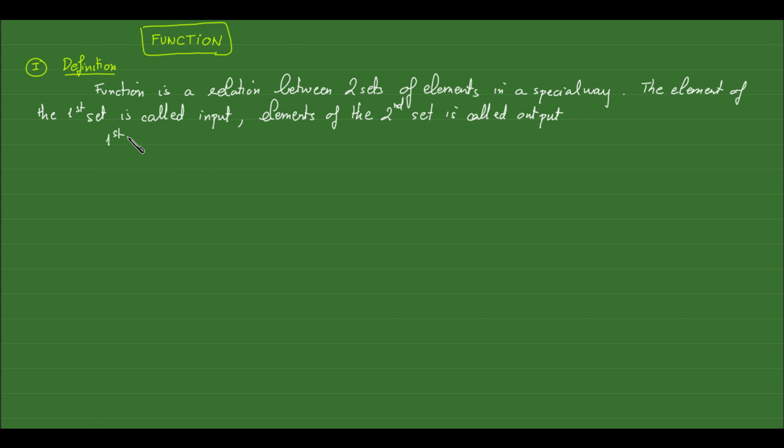The first set we call the domain, and the second set we call the range. So any element in the first set is called an input, and an element of the second set is called an output.